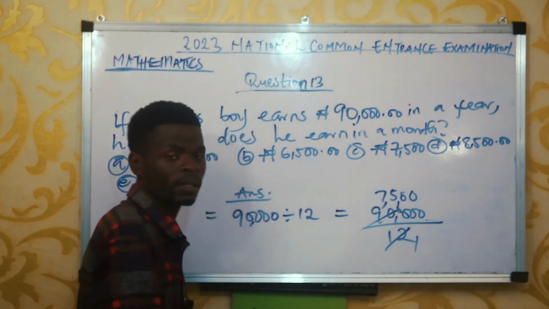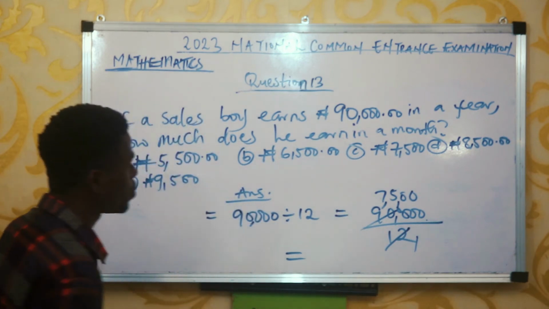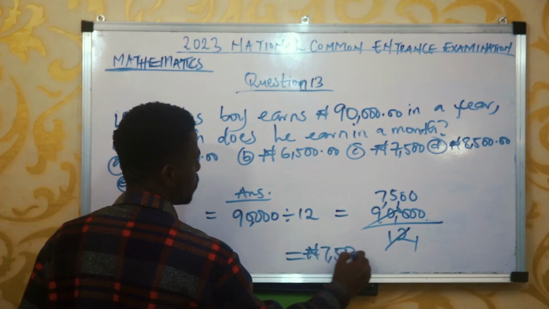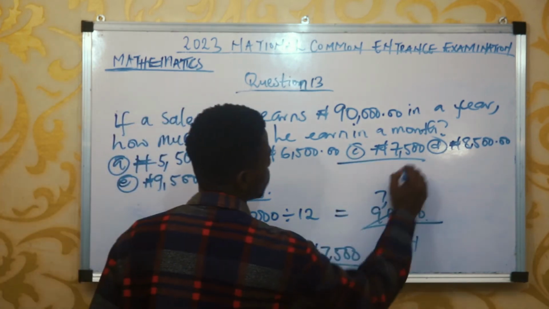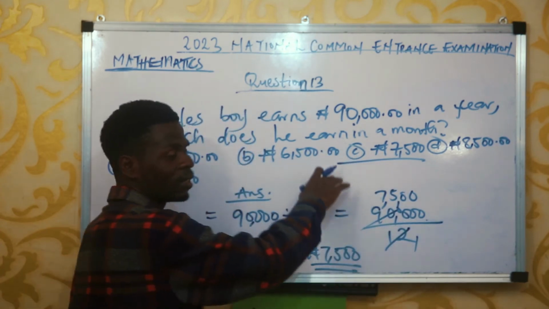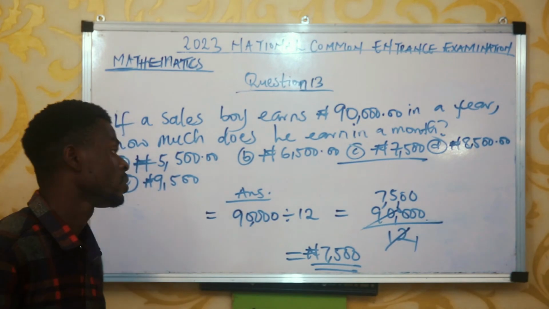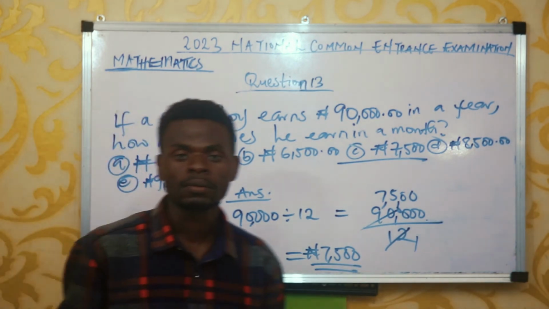So definitely his monthly earning is 7,500 naira. So our exact answer is C. Our option here is C. Our answer is 7,500 naira. So that is the answer. Thank you very much.